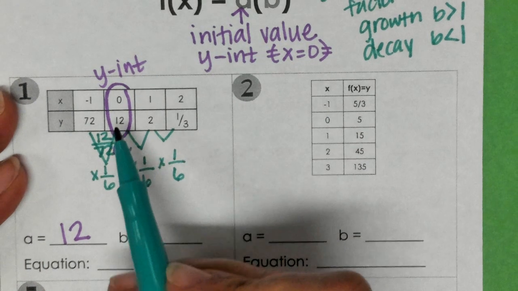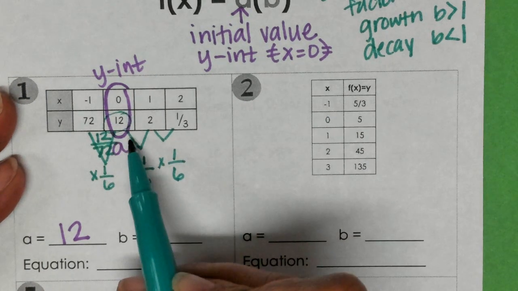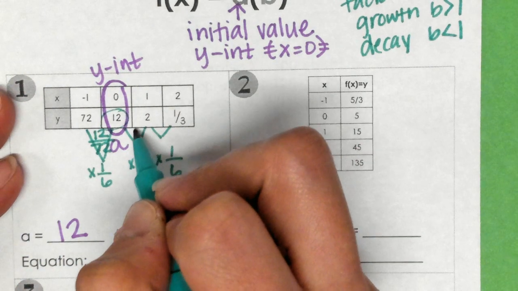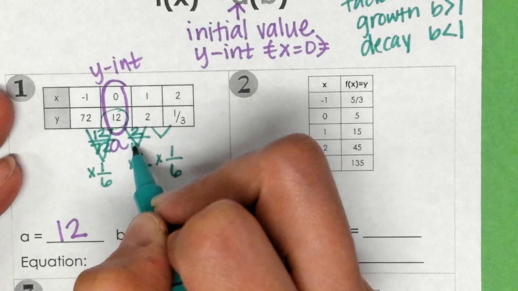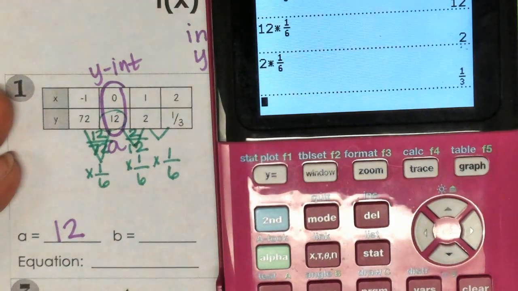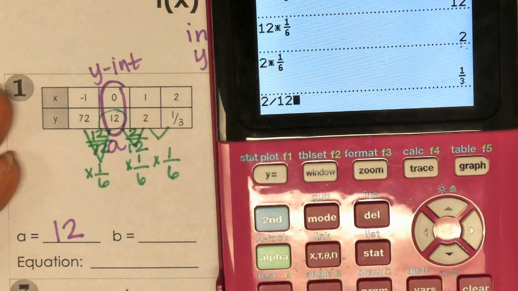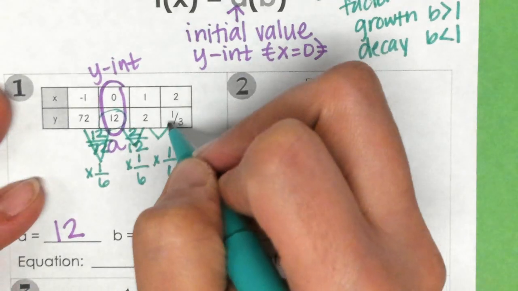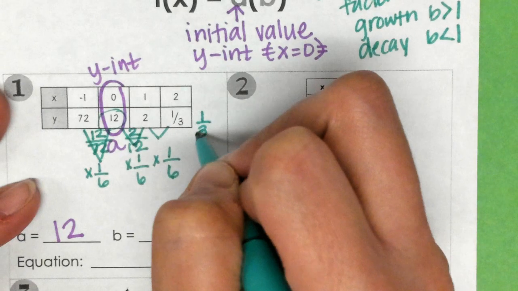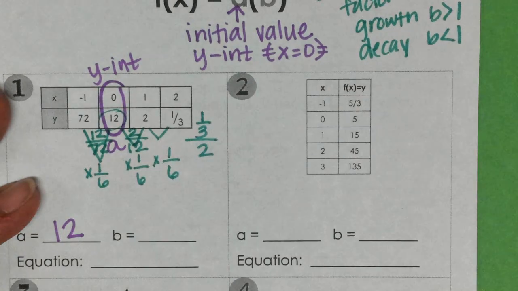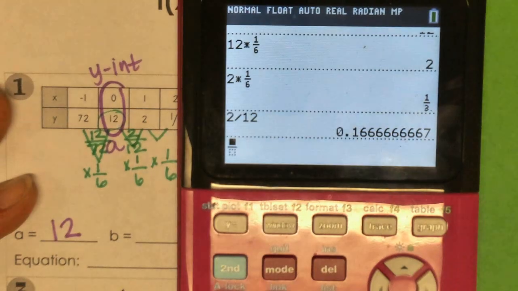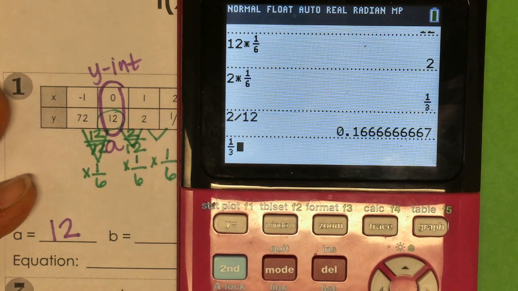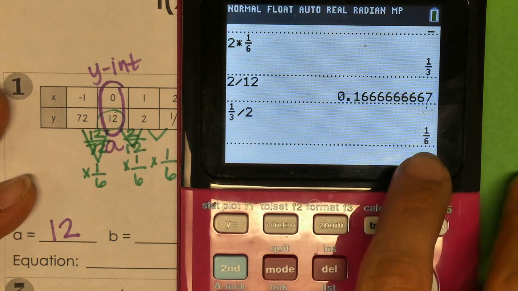And again, we found that by taking my second number in the table and dividing by the first number. So here it would have been 2 divided by 12, 1/6. Here it would have been 1/3 divided by 2, 1/6.